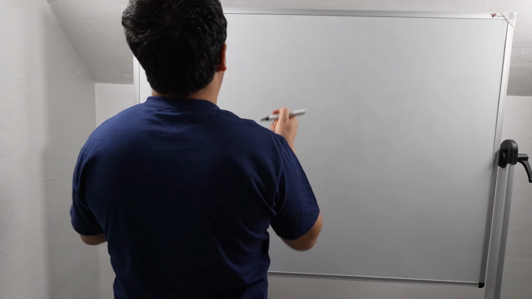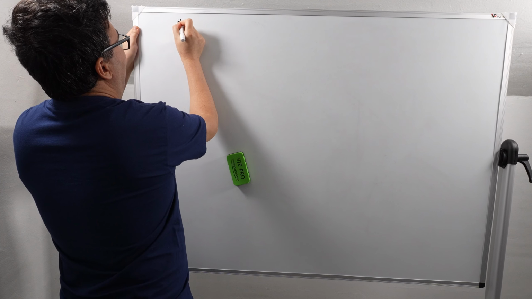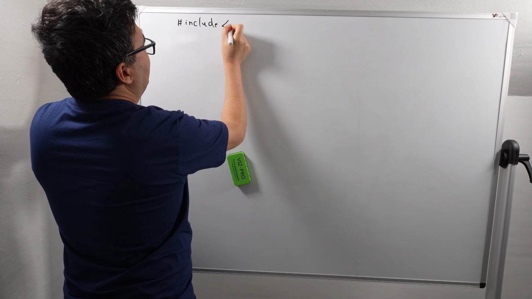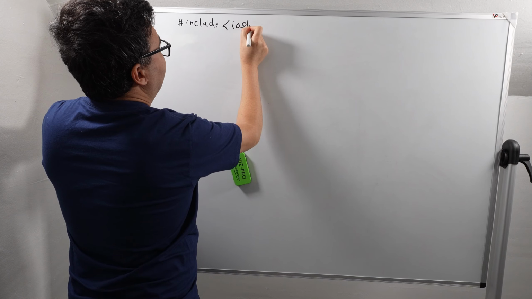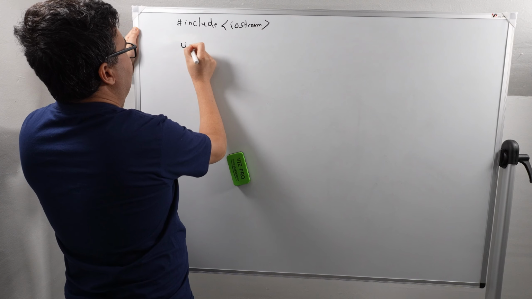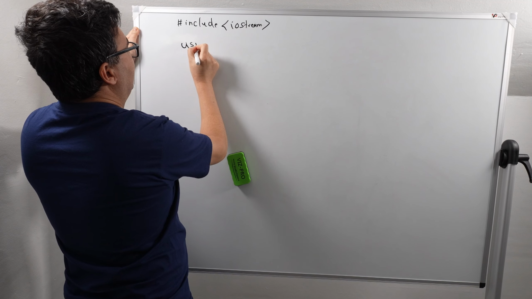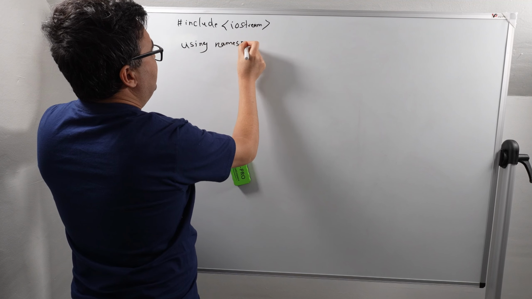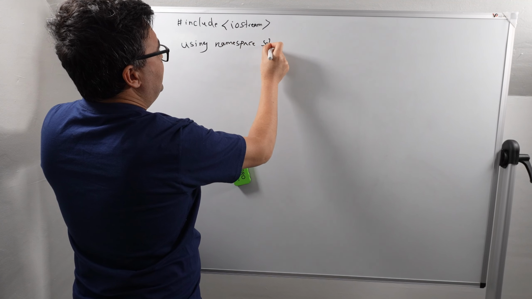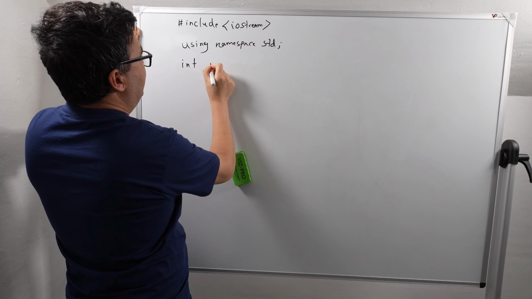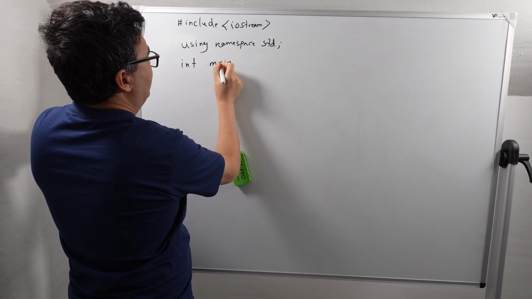If you have a program like #include <iostream>, we write a C++ program. Then we have using namespace std. Then we have our main method, int main, our main function.